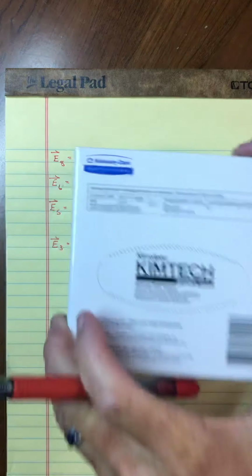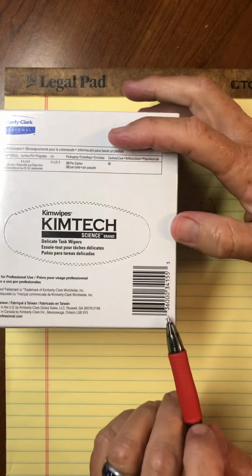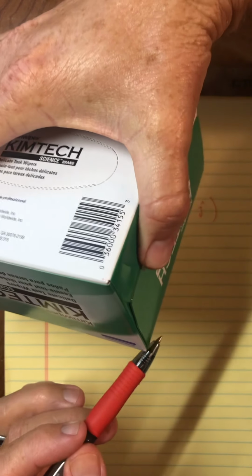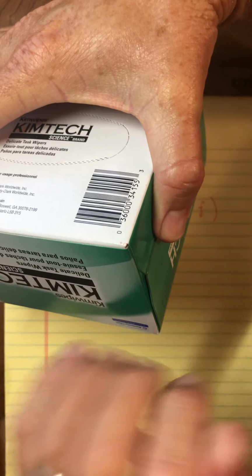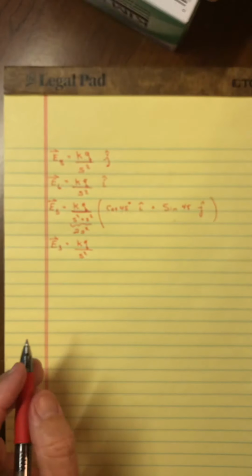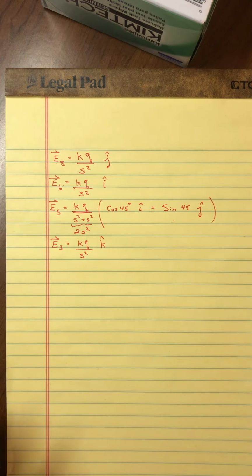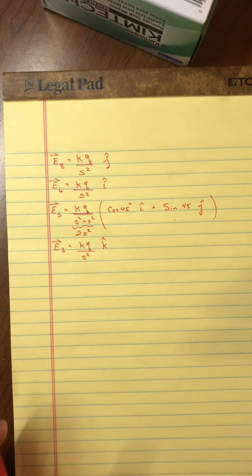If I bring back my little cube here, we're talking about number 7 here at the top, and number 3 is right there. It's an s distance away, and its field would then point straight up, so that would be the z direction. And so this would be a k hat direction.